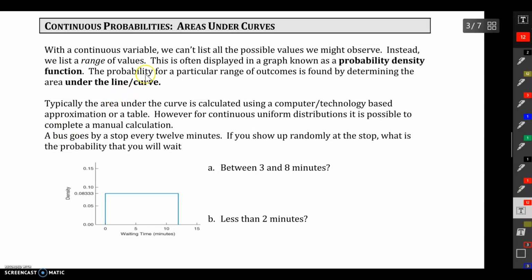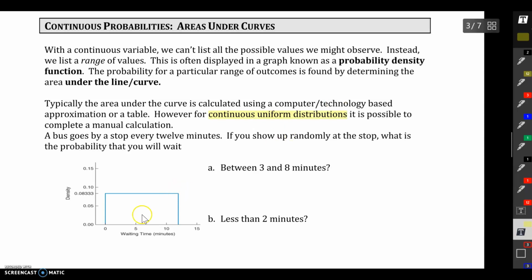And we calculate probability by finding the area underneath the probability density function. Okay, most of the time, we need technology to help us out, but the exception for that is the continuous uniform distribution. So when we have a range of values that all have the same probability of occurring, then because the area is a rectangle, we can easily calculate the area and the probability manually.